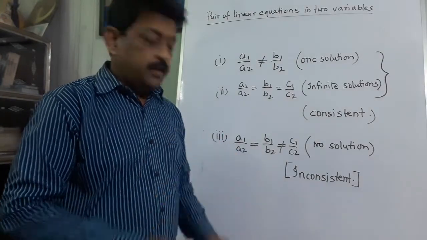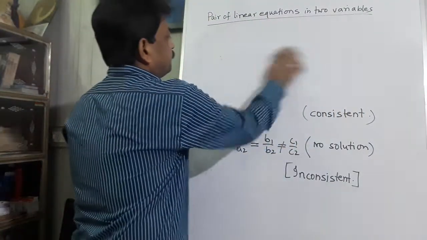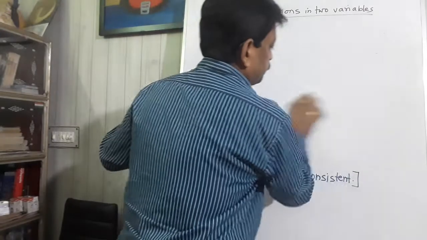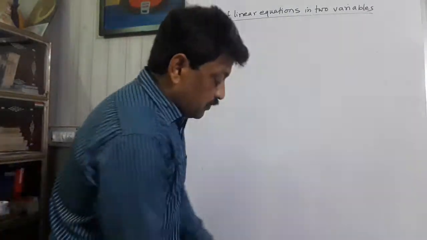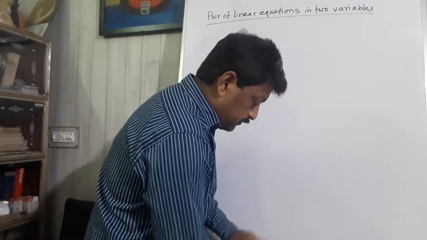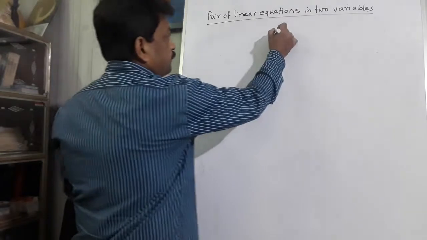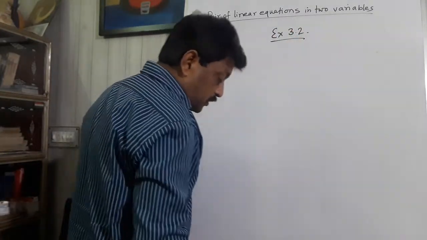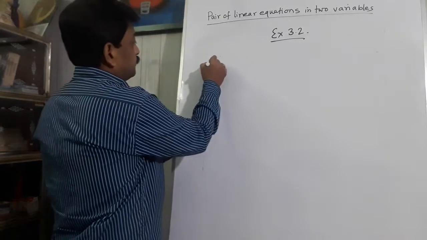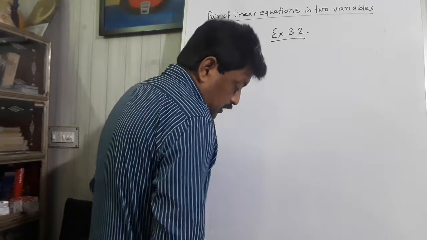Now let me use this formula with the help of an example. Find the nature of the lines. We have to use these formulas. The first question is given from the textbook, exercise 3.2. Question number 2, Roman 1.